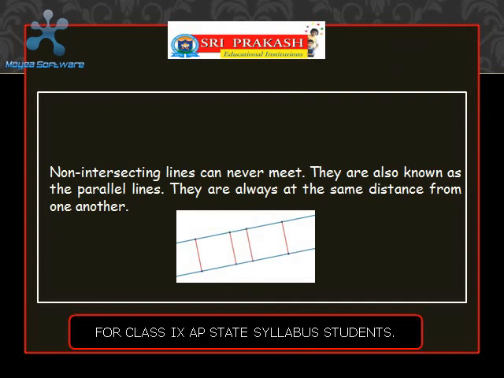Now, what are non-intersecting lines? Non-intersecting lines can never meet. That means the lines which do not meet at all are called non-intersecting lines.